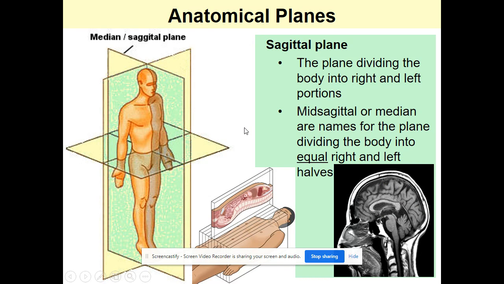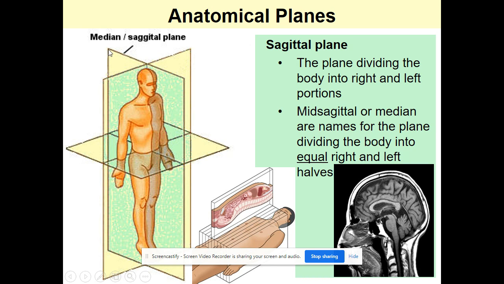So the first plane that is worth mentioning is the sagittal plane. The sagittal plane divides the body into right and left portions. Now, you can have a sagittal plane that is mid-sagittal or median, and that divides the body into equal right and left halves.